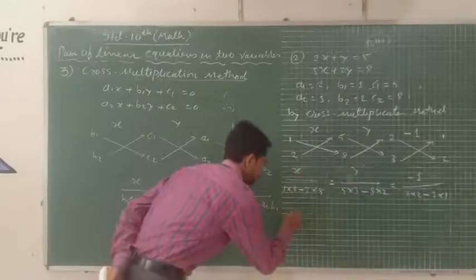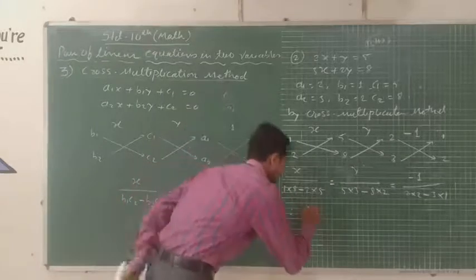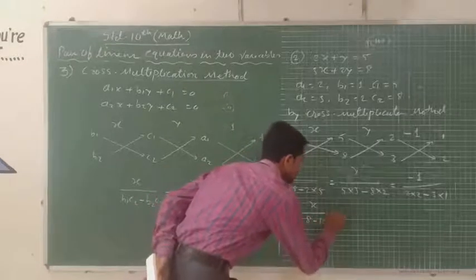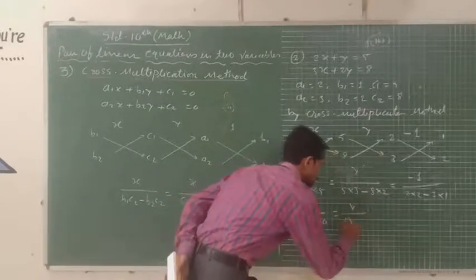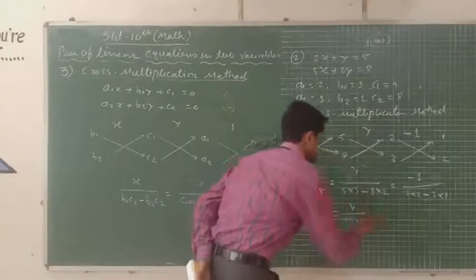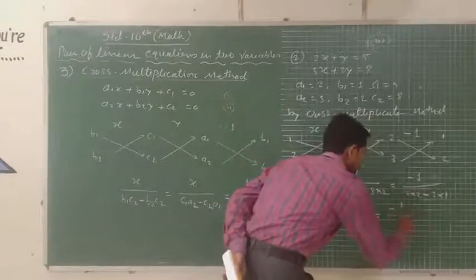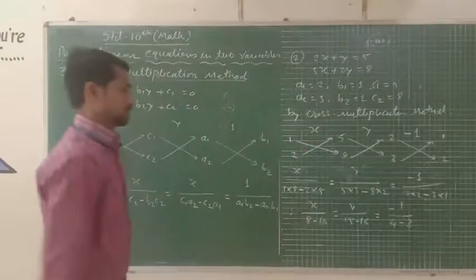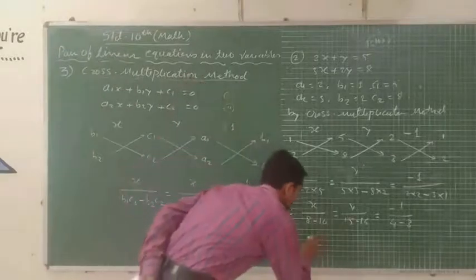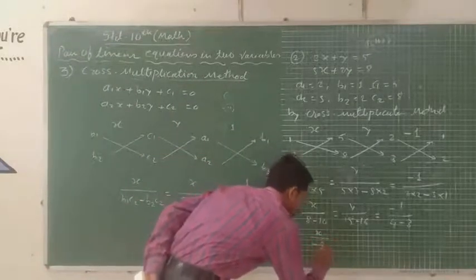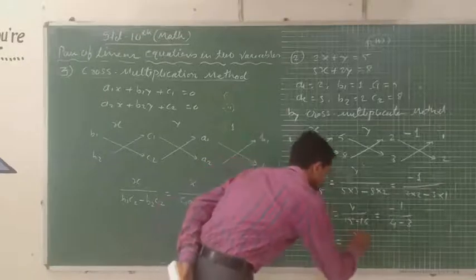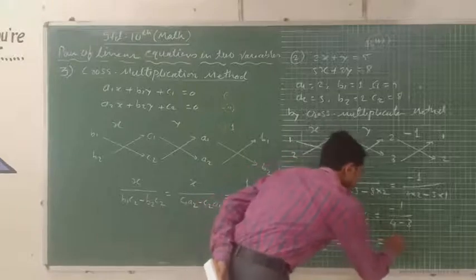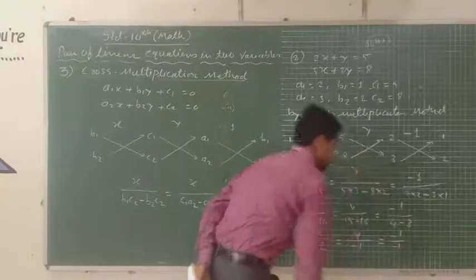Therefore x by 8 minus 10 is equal to y divided by 15 minus 16 is equal to -1 divided by 4 minus 3. Then x divided by -2 is equal to y divided by -1 is equal to -1 by 1.